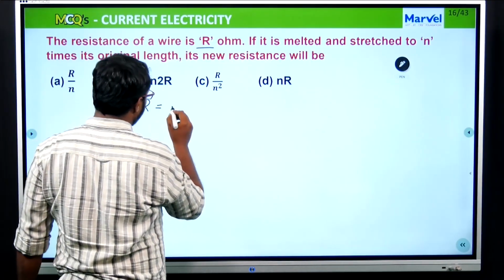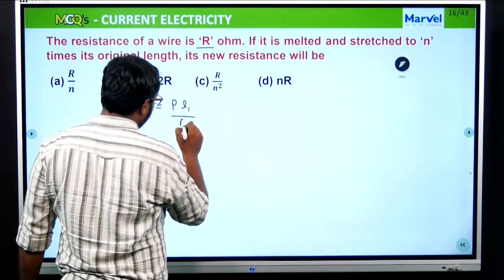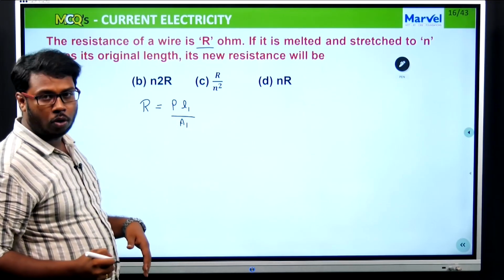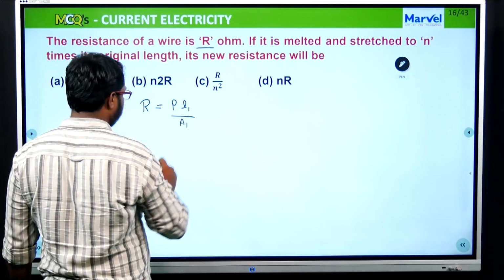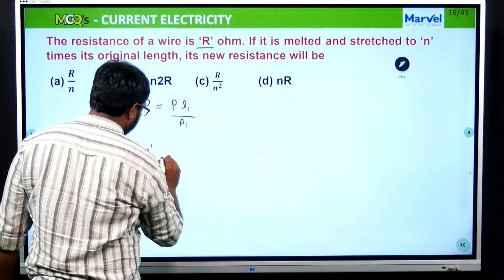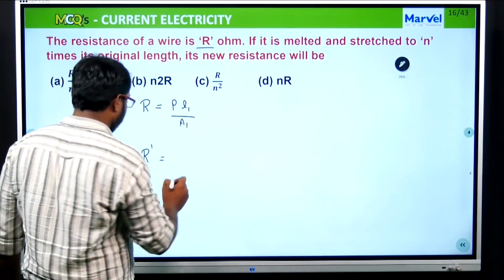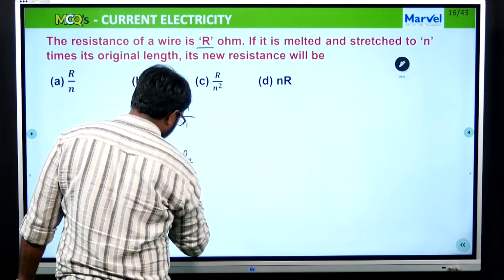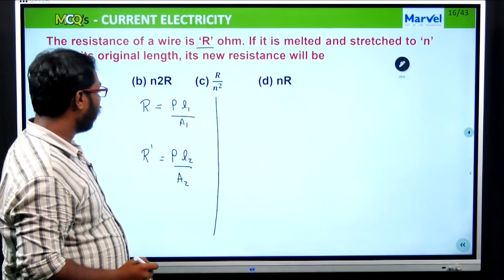Capital R is equal to rho into L1 by A1. So capital R is equal to rho into L by A is how you represent your resistance, and this is the initial resistance R. Then R prime is the resistance after being stretched, which is rho times L2 by A2.